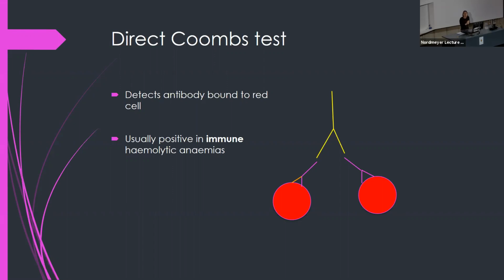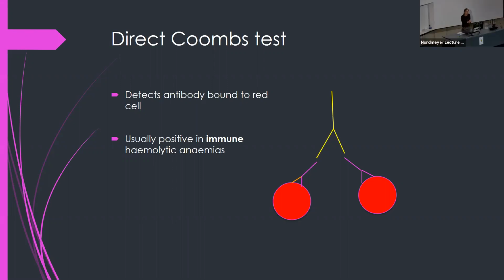It's basically detecting antibodies on red cells, or if the pathological antibody is an IgM antibody, that sometimes falls off and leaves complement C3d on the surface of the cell. And you can get autoimmune hemolytic anemias that are so brisk that all the red cells that have got antibody on them have been destroyed, so you don't actually pick it up.